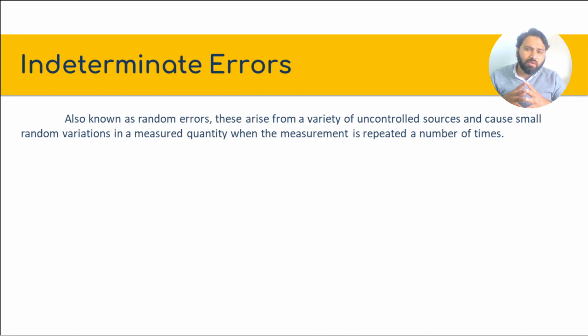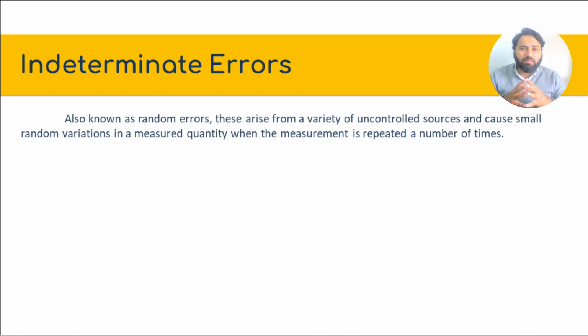This may be because of a problem of the sample, of the instrument, and there are multiple factors which cause this indeterminate error. That's why it is indeterminate, that means it cannot be determined. We cannot determine these errors because they may or may not be known by the analyst.